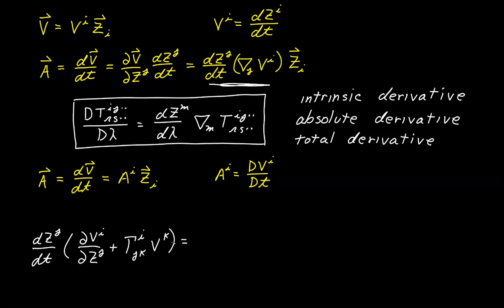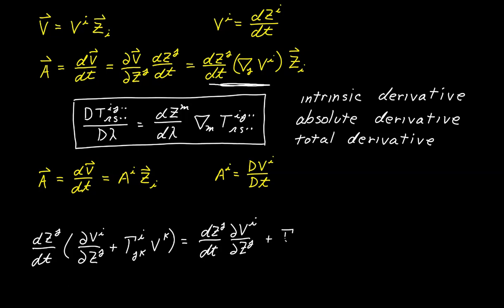Okay, now we'll distribute these terms out. This one into here will be dz^j/dt times the partial of v^i with respect to z^j. And then we'll distribute this in as just a factor.